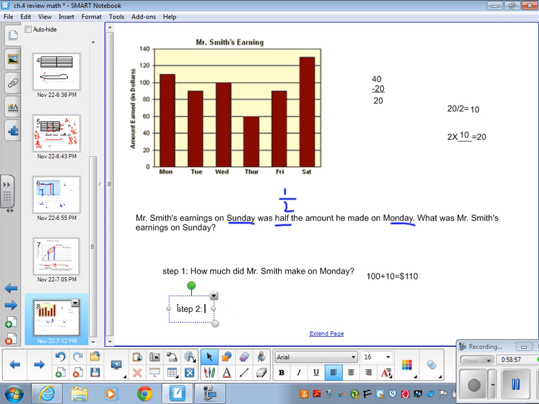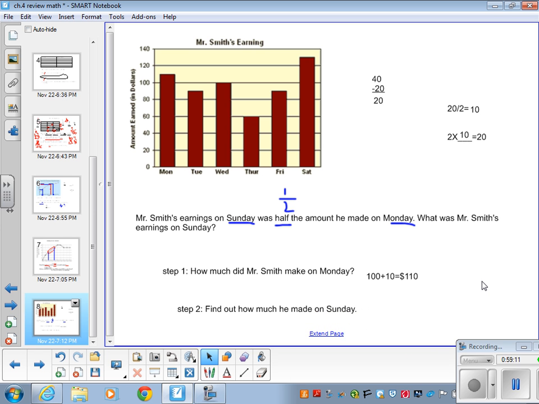Step 2, we need to find out how much he made on Sunday. And the way we find that is finding half of 110. This is how we find half of 110. We do 110 divided by 2 because that's half.